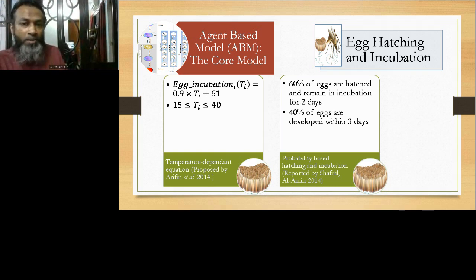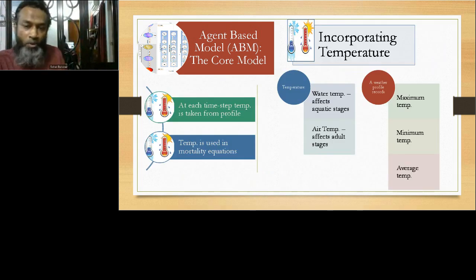Incorporating temperature is also very important, because we have to have an idea about the temperature. And as we will see, most of the equations and models in the literature are temperature-based. So we have used a weather profile, and this is the first model to have used a weather profile on a daily basis.